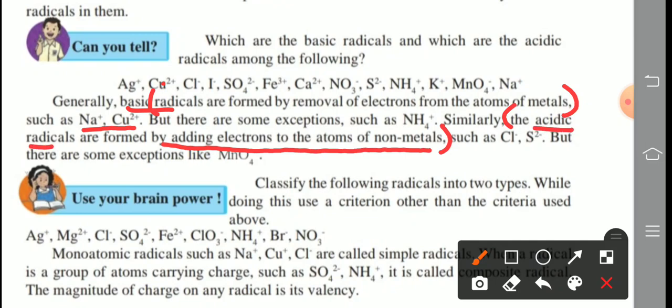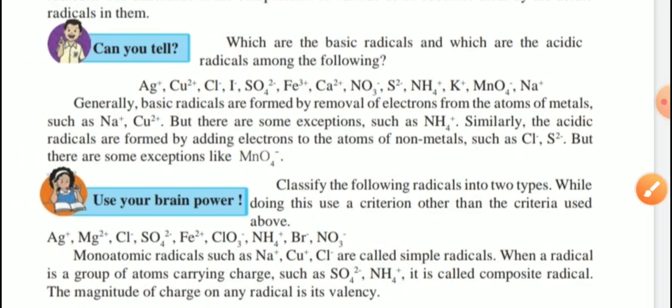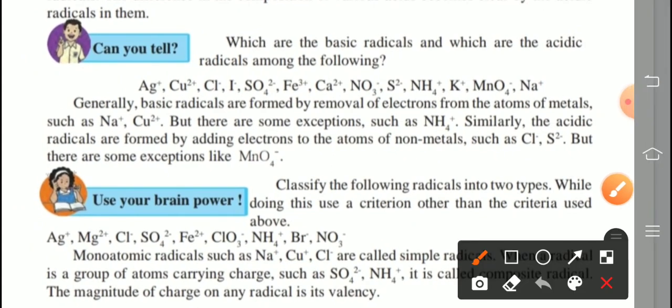For example, Cl minus, that is chloride ion, S2 minus, that is sulfide ion. But here also an exception is given, that is MnO4 minus. Check that. The name of this radical is manganate. Here NH4 plus means ammonium radical. So in both the cases some exception examples are given.